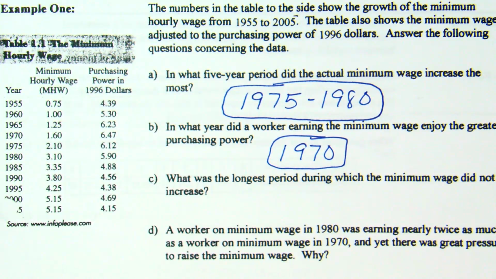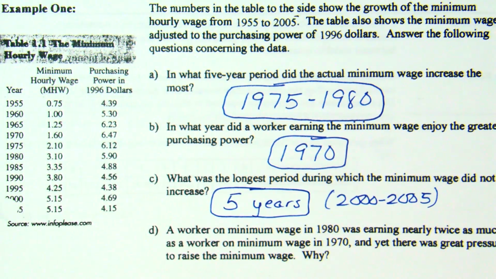So if we're talking 5-year increments, or longest period of time, we have a 5-year increment, that's all we know. So 5 years, and that was from 2000 to 2005. When it went up from there, we don't know. Not according to this chart, at least.